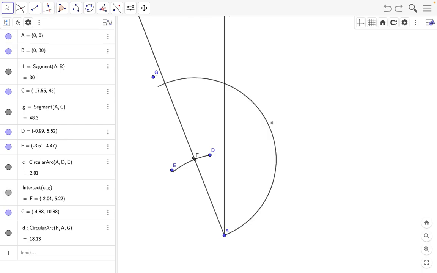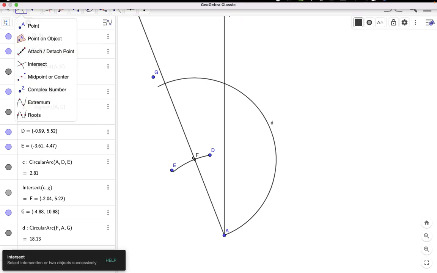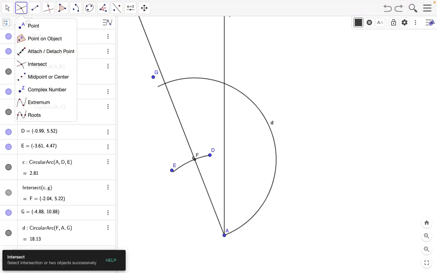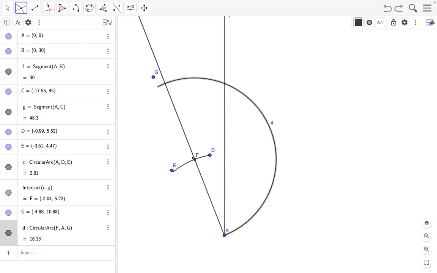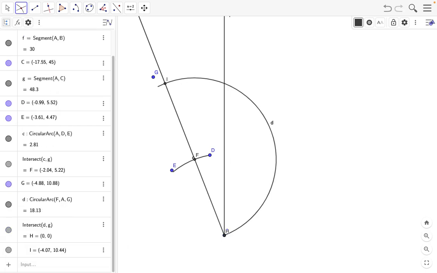Next is yes. So now I will determine the point of intersection here. So again I will select this intersect command and this. So I get this point of intersection.